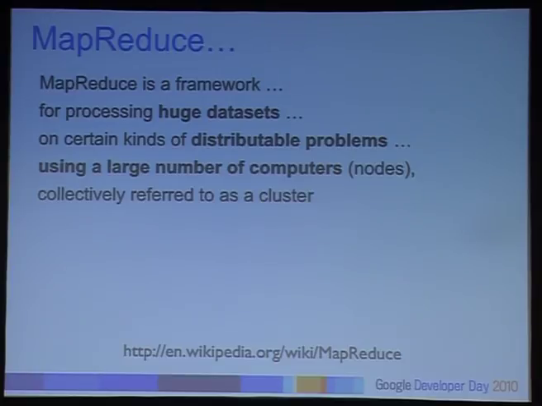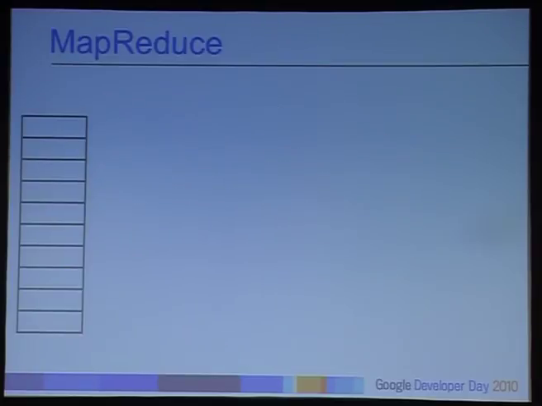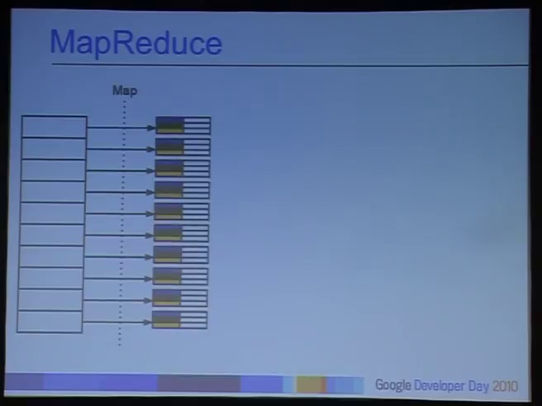So let me just walk you through what that looks like. You start with your data sets on the left, and you can just imagine web pages here. So you have a large number of web pages, and for each web page, you're going to apply a function that does word counts, for example. This is called the map function.